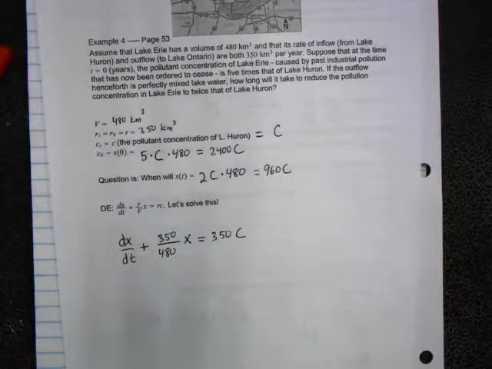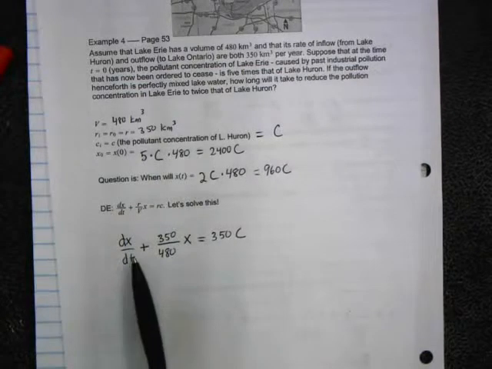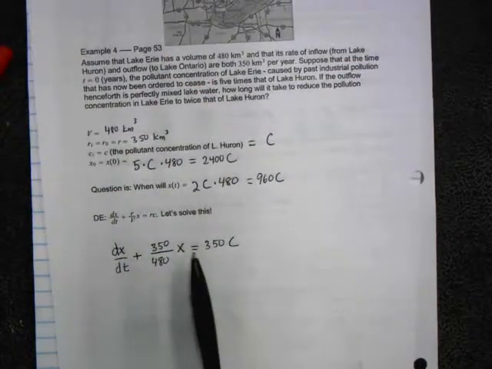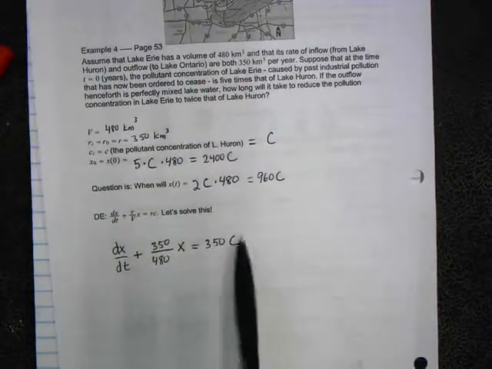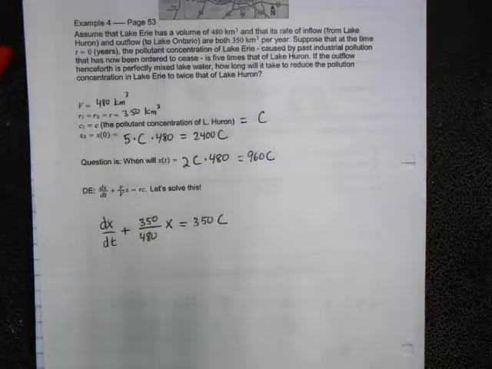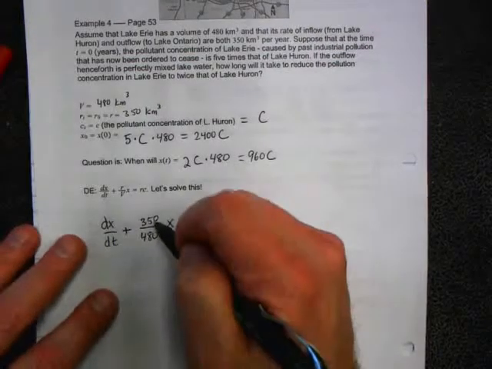All right, so there's our linear differential equation. We have x prime plus P of t x equals Q of t. How do we solve? Find rho. Now, of course, I can reduce, right? 350 over 480 is 35 over 48.